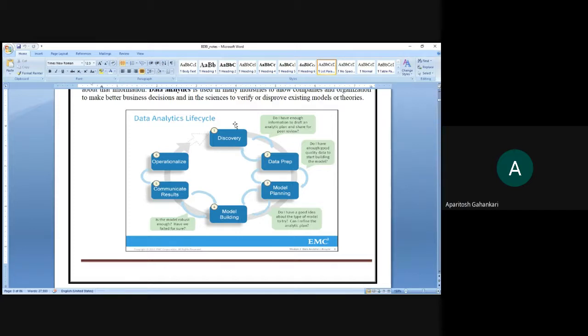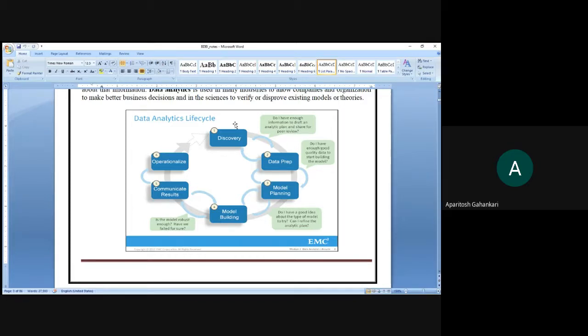For example, I always quote this example: how did Big Bazaar come to know that in a particular time frame a particular product, say for example Lux or Liril soap, is going to get sold at a higher pace? So what kind of analytics did they do? They have a huge amount of data of the customers, what kind of products they are buying, and at what point of time they are buying a particular product.